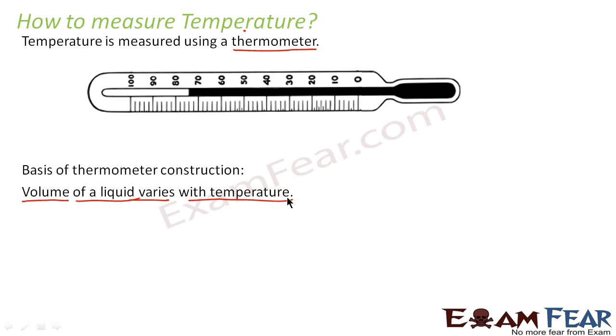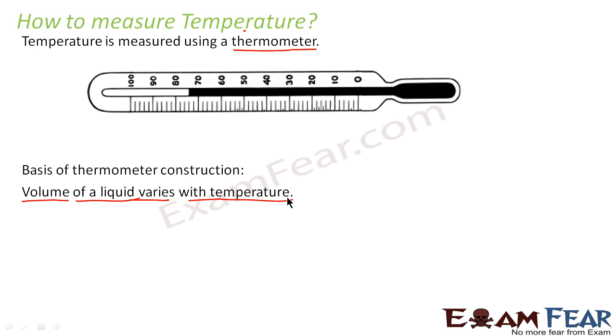Now, just think how it actually works. Inside the thermometer, there is some liquid, right? Now, when you place the thermometer on an object which is hot, what happens? The temperature of that object is more. As a result, the liquid in the thermometer starts expanding, and as a result, the reading of the thermometer changes, right?